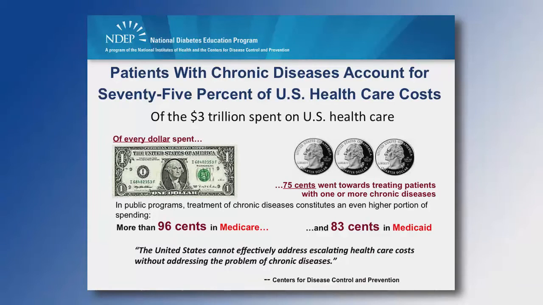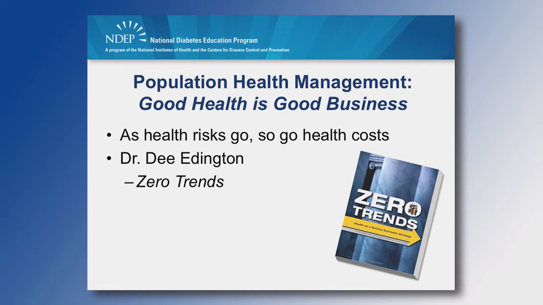And for every Medicare dollar spent, it's 96 cents related to these chronic diseases, and for Medicaid, 83 cents. Dr. D. Eddington is a renowned researcher and has over 300 peer-reviewed medical journal articles of his research and published books. But the bottom line is that as health risks go, so go health costs.